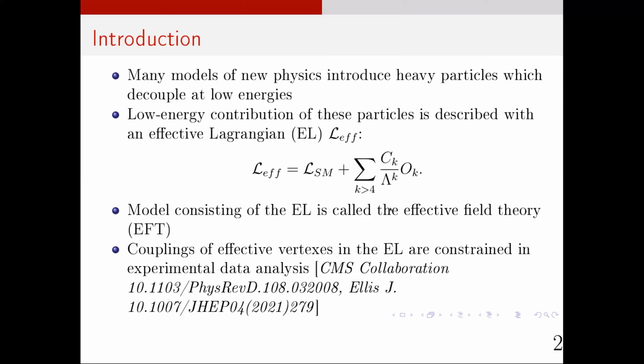So we derive limits on these coefficients of the effective Lagrangian, and from these limits we then derive limits on parameters of some complete new physics model, where we don't have these effective operators, but we have the usual renormalizable interactions.